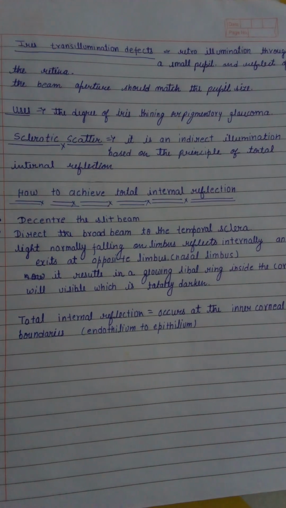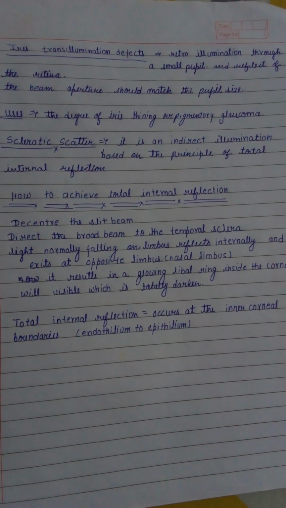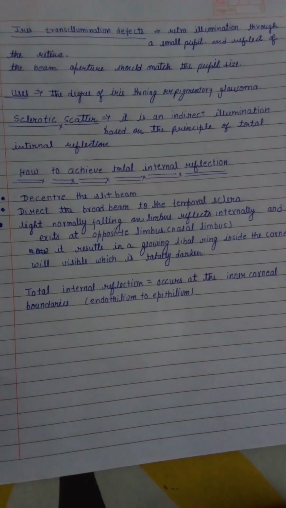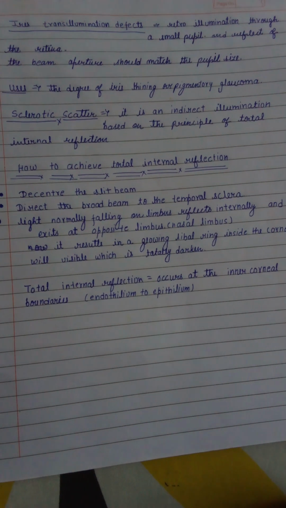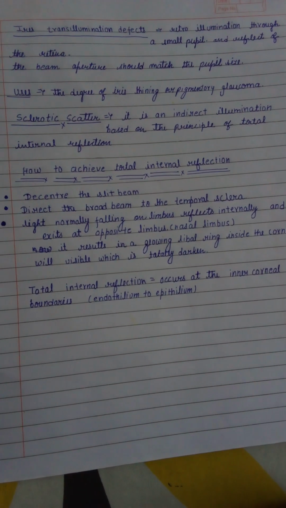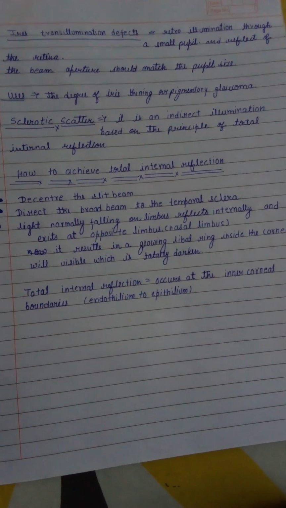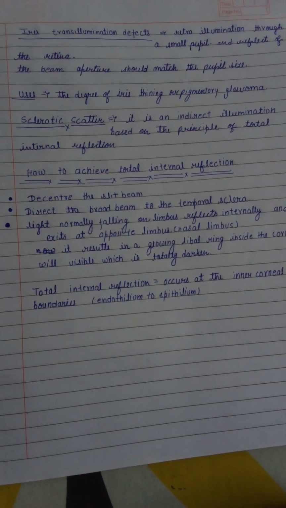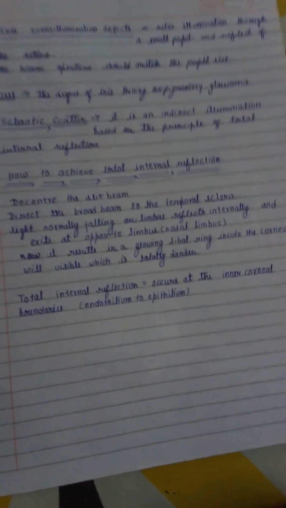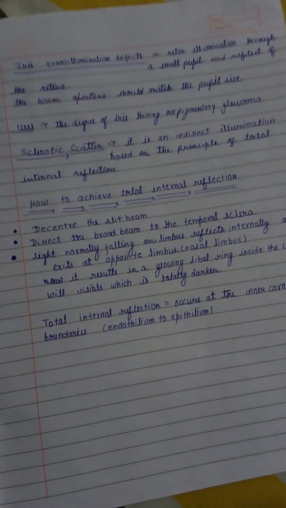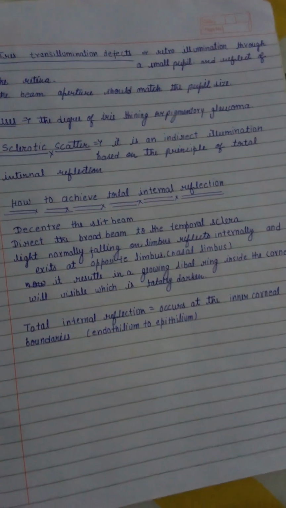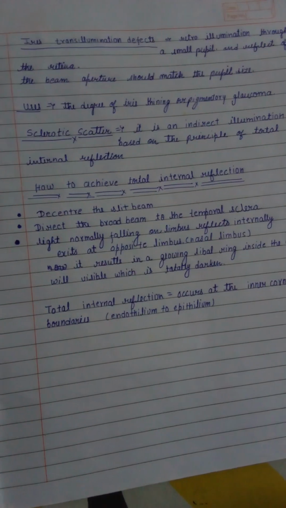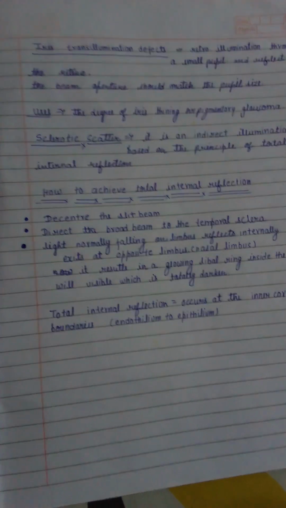To obtain the reflex from the retina, we put the light at the periphery of the pupil, and the size of the beam should match the pupil size, and we get a red reflex from the light reflected from the retina.